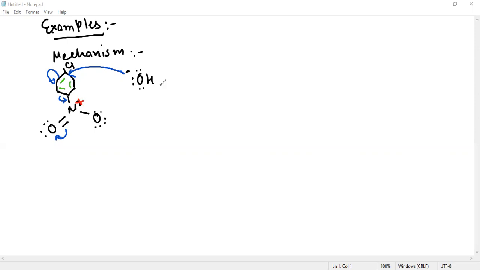And then what will happen? This nucleophile is going to attack this carbon, which is attached to the leaving group, because this is the polarized bond, and this carbon possesses a partially positive charge, right? So it will go ahead and attack here.